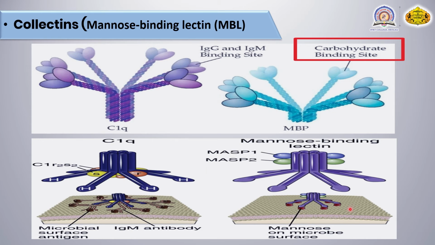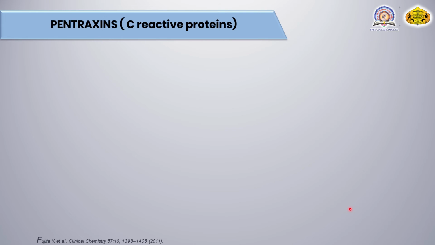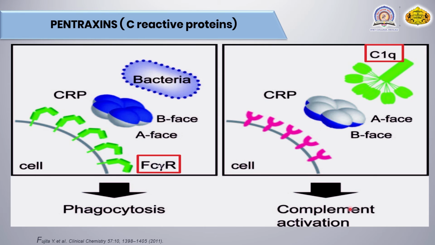So this is the role of collectins, which are another type of pattern recognition protein, secretory in nature. Next is the pentraxin, which is also called C-reactive protein. This pentraxin has such an activity. So this is a pathogenic microbial cell surface. This CRP pentraxin is secreted on the surface here.